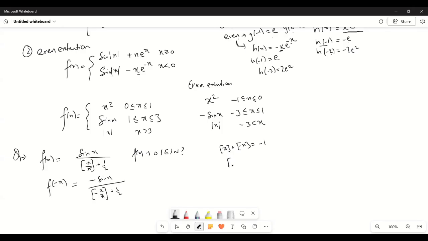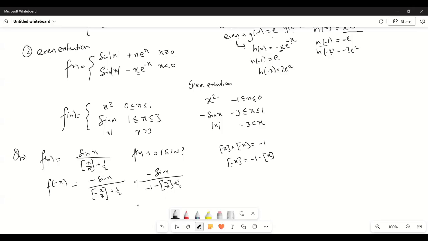And I had said that whenever we encounter a box of -x in the function, the first thing that we do is replace it as a minus of 1 minus of box x. So we have a box of minus of x by pi. So what will we replace it with? So it becomes minus sin x divided by minus 1 minus of x by pi plus half.